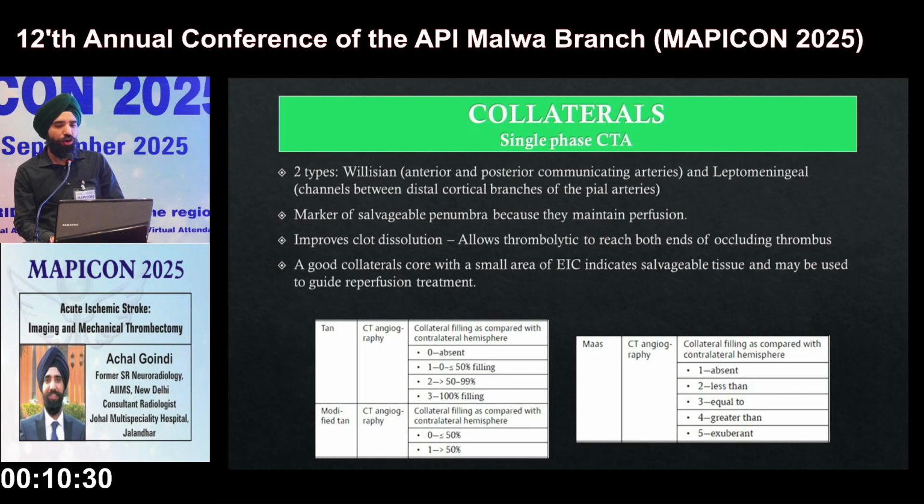Also, we can have a fair amount of idea about the collaterals of that area with the CT angiography, because a patient who has good collateral circulation will give us more time to act, because the perfusion while a stroke is happening will be maintained with the help of collaterals for a longer time, against those people who will have poor collaterals.